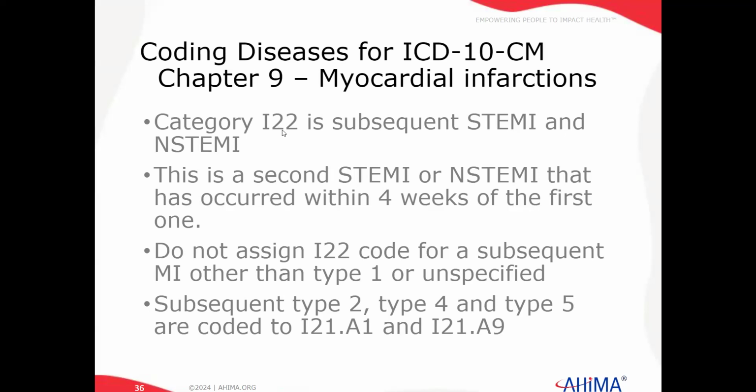Sometimes a patient will have an MI, get the I-21A1 code, right? Be treated, maybe have a stent, what have you, go home, be home for a couple days and come back with this subsequent STEMI and be readmitted. In this case, the I-22 would be the principal diagnosis.